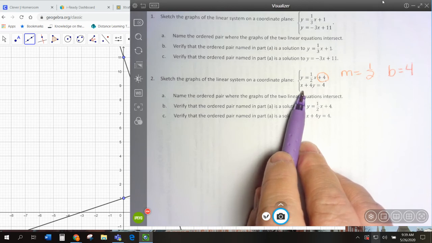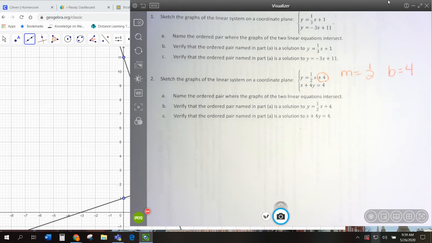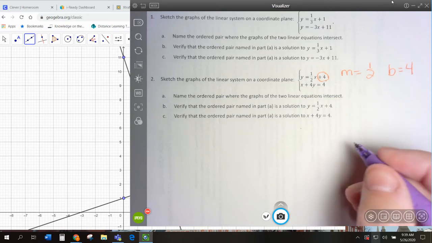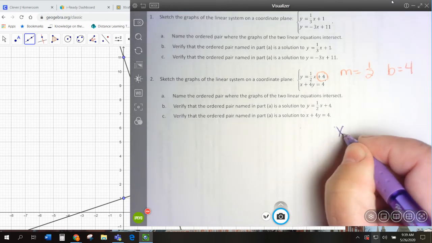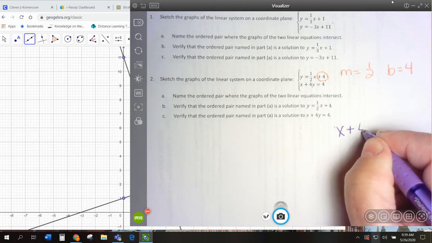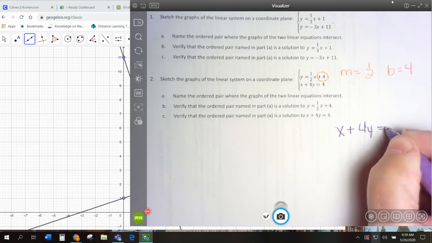So one way we can do this is figure out our x and y intercepts. We could also change it to slope-intercept form and find our m and our b. But I think I'd rather, because we've done practice with that before, find our x and y intercepts. So if I'm going to do that over here, x plus 4y equals 4.